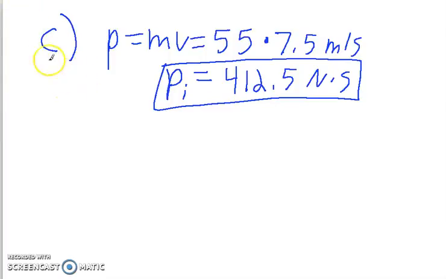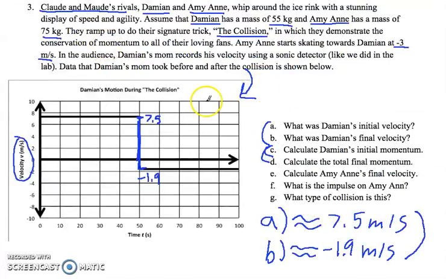So that's C. The next one is talking about calculate the total final momentum. So it's the final momentum of both skaters combined.